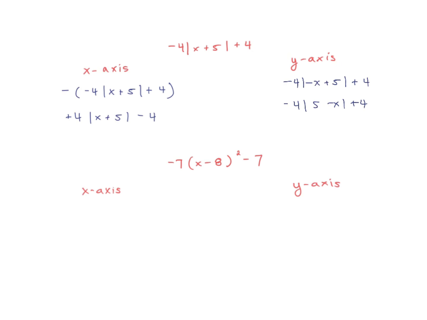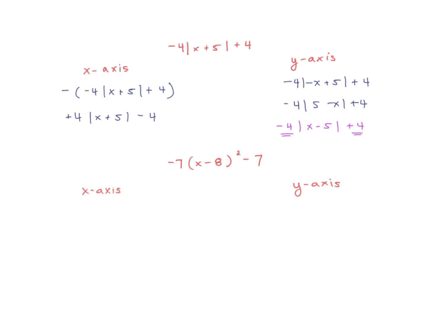But ultimately, we don't want to keep the x negative. So just watch what happens here. The negative x plus 5 becomes an x minus 5 on the inside, and notice these outside pieces stay the same. So more or less, you're changing what's taking place on the inside of the function, or the inside of your absolute value. The same goes for the x-axis. You don't have to worry about distributing negative signs.